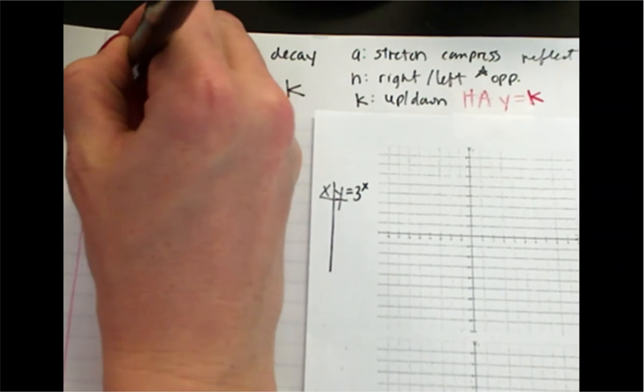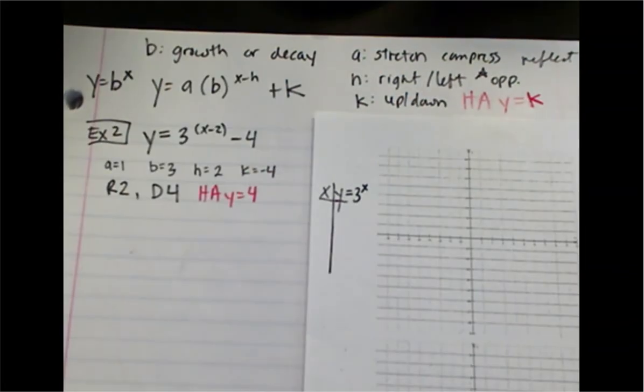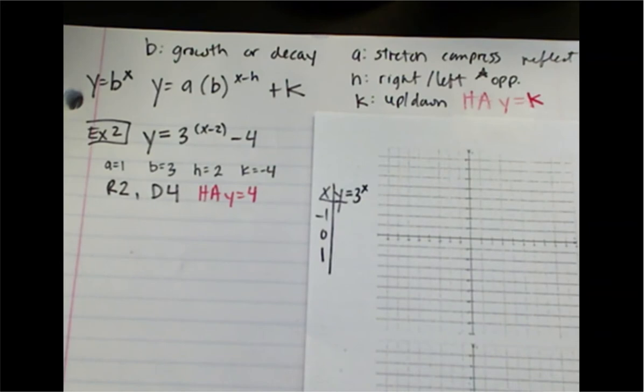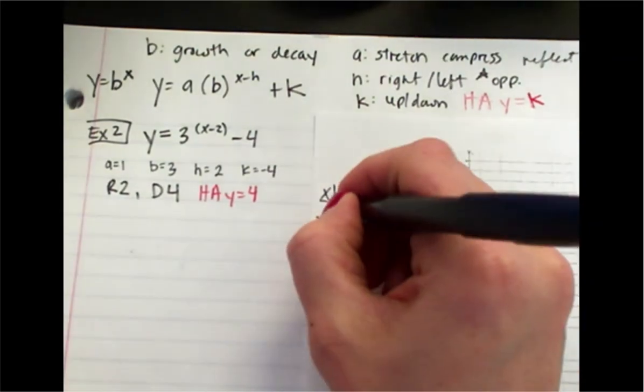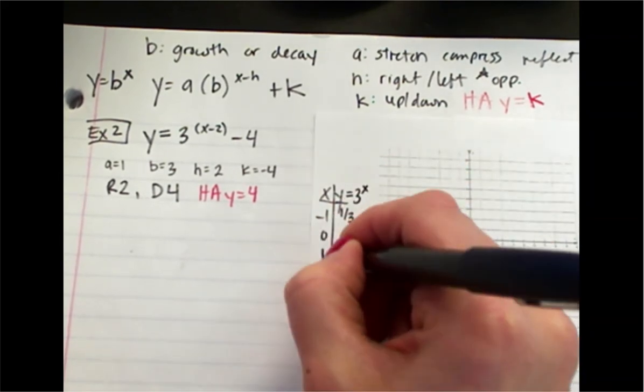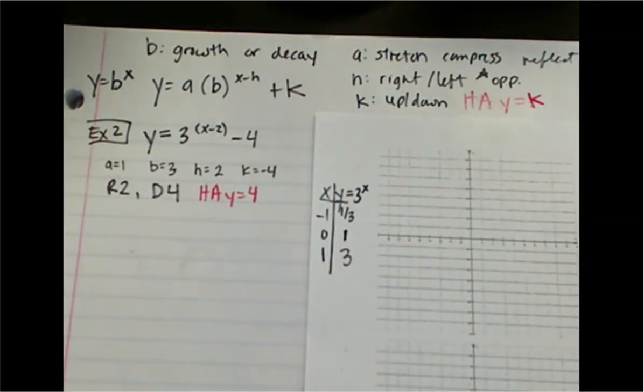When we started yesterday, we started with B to the X. That's the parent with the base. And let's write down our 3 parent points. Plug it into 3 to the X: 1/3, 1, and 3.